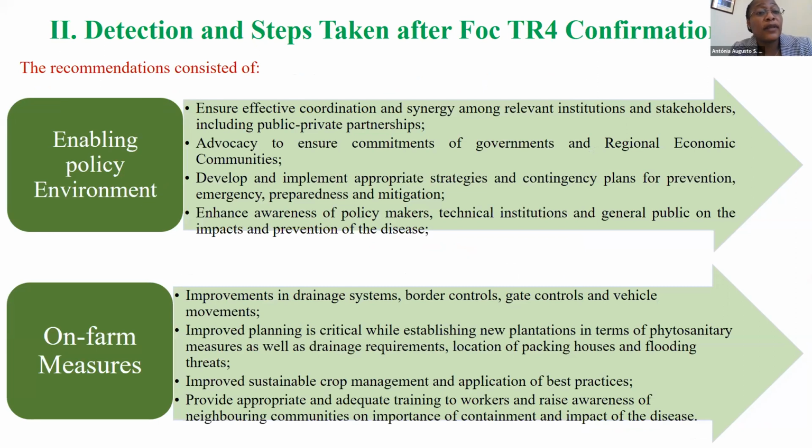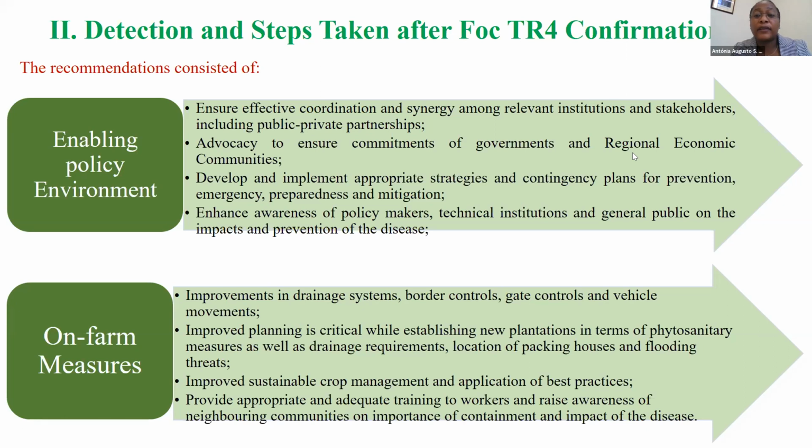Regarding the enabling policy environment: ensure effective coordination and synergy among the relevant institutions, including public-private partnerships; advocacy to ensure commitment of government and the regional communities; develop and implement appropriate strategy and contingency plans for emergence, preparedness, and mitigation; and enhance awareness of policymakers, technical institutions, and the general public on the impact and prevention of the disease.